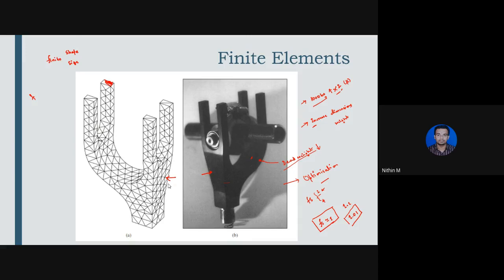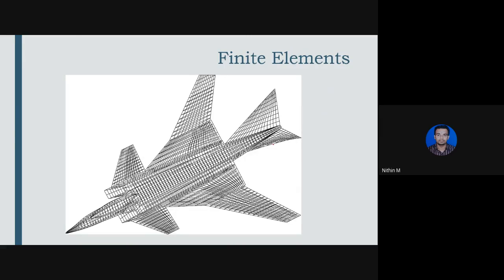Let us look at another example. Now basically this is more or less what we call a wireframe model of a fighter jet. This is almost similar to the Dassault Rafale that was procured in the previous year. So basically, you can see the body of the entire aircraft. This body is basically divided into multiple elements which are having different shapes and different sizes.